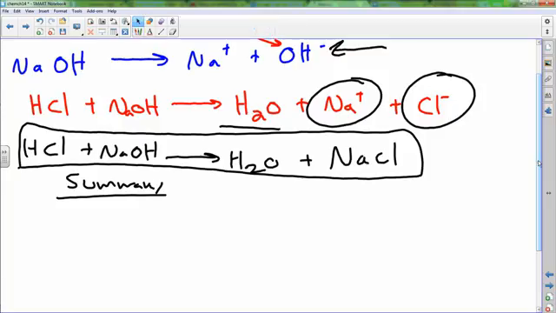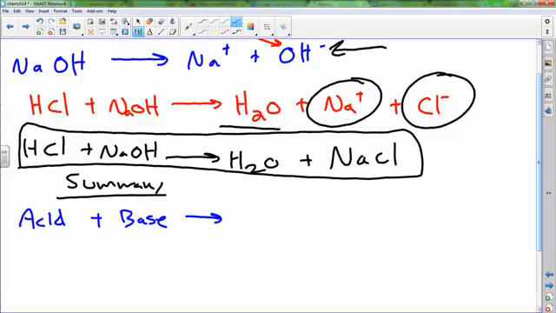So in a neutralization reaction, what happens is we have an acid plus a base gives us water plus a salt. Now, NaCl is what we normally call salt, but that's a specific type of salt. Really, in the chemical sense, a salt is any type of ionic compound.